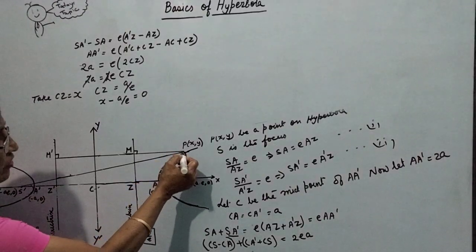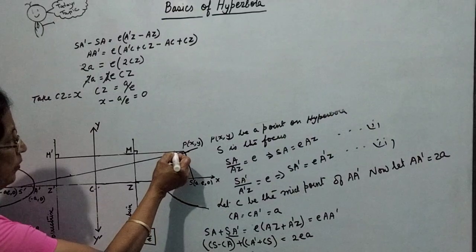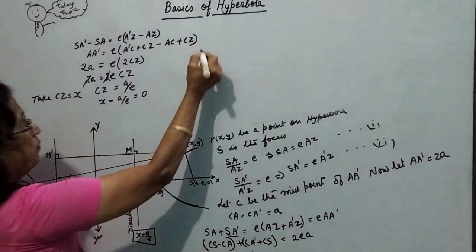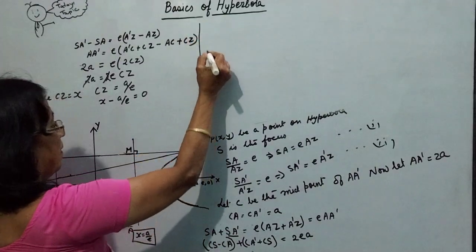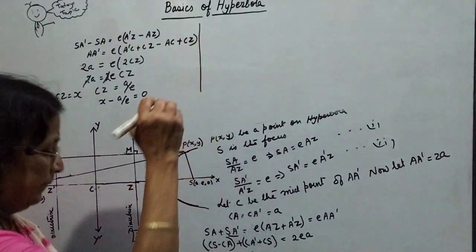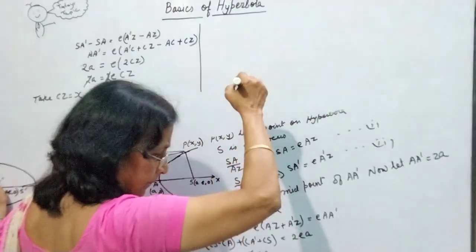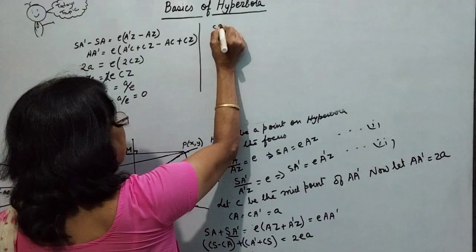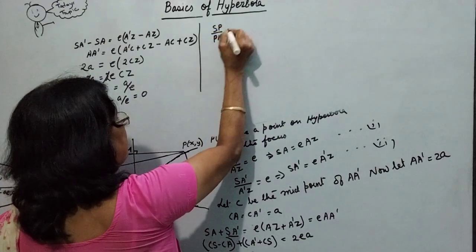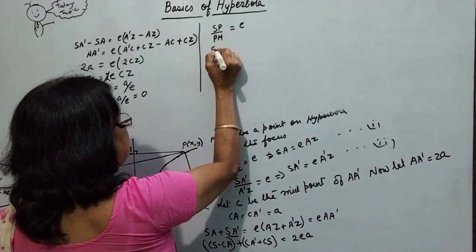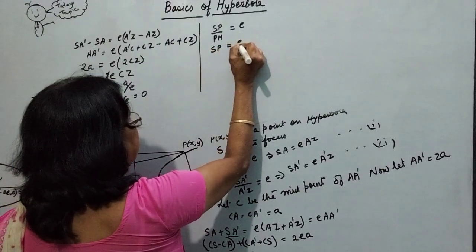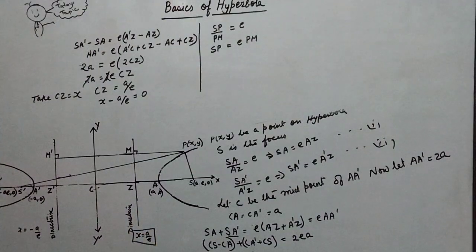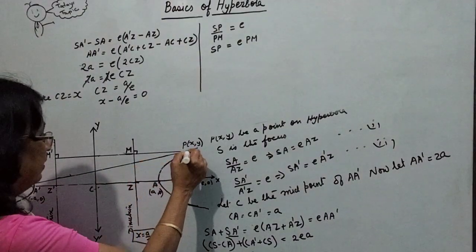Now, by the definition of hyperbola, SP by PM is equal to E. So SP is equal to E into PM. So this is SP.